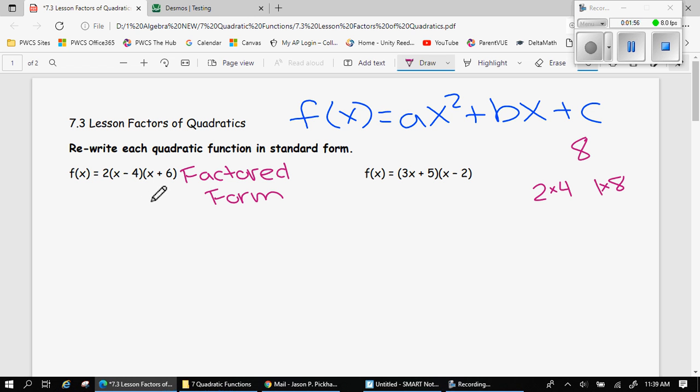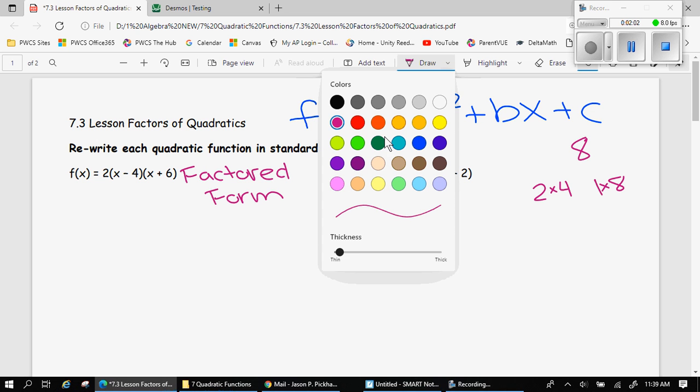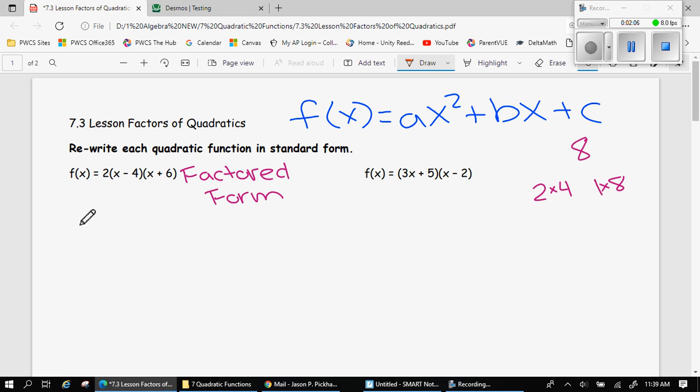And so we want to take this factored version and write it the way we've been seeing it the last couple lessons. And we're going to use the skills hopefully we developed last unit with polynomials and multiply. So I'm going to start by multiplying this set of parentheses by this set of parentheses. I multiply everything in this second set of parentheses by x. And this 2 is still going to hang out because I'm not doing anything with it yet.